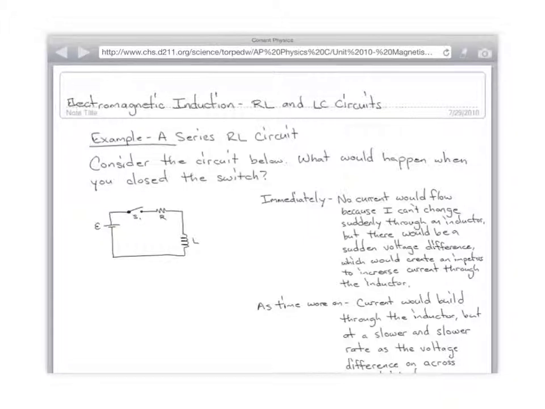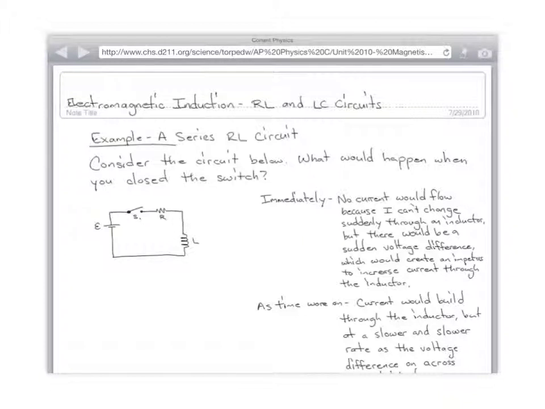It's okay with changing voltage, but it's not okay with changing the amount of current flowing. So if you close that switch, how much current flows? Instantly, the instant after you close the switch, none.